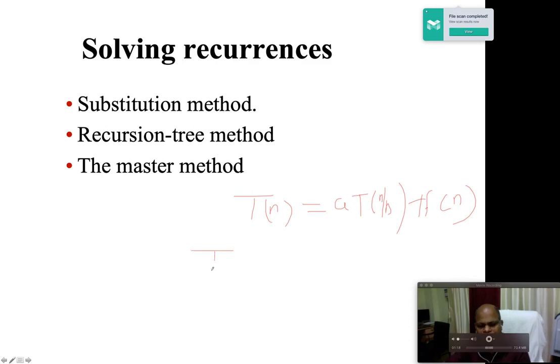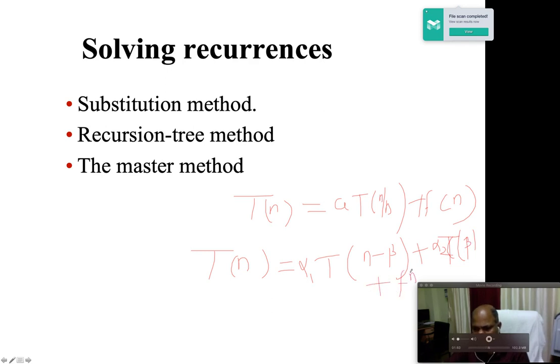But in general, the recurrence relation will be T(n) = alpha T(n - beta) + alpha1 T(n - beta) + alpha2 T(n - beta) plus f(n).